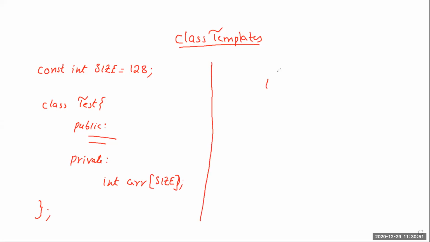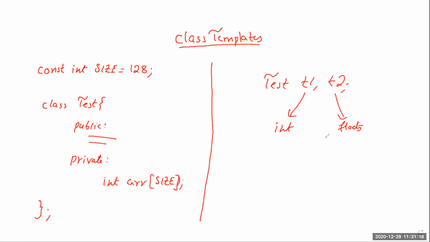So you see, now you can create objects of this class like Test t1, t2, and each of these objects will have an array of integers, like 128 integers. But now assume that we want a situation where for t1 I need an array of integers, but for t2 I need an array of floats. This situation can arise, right?